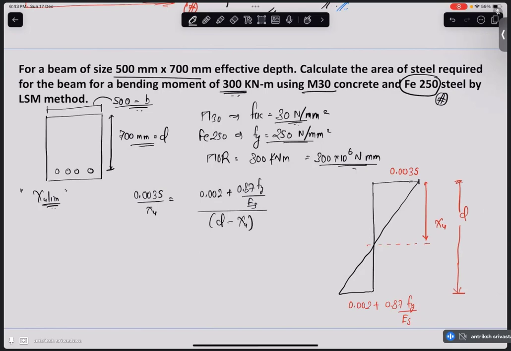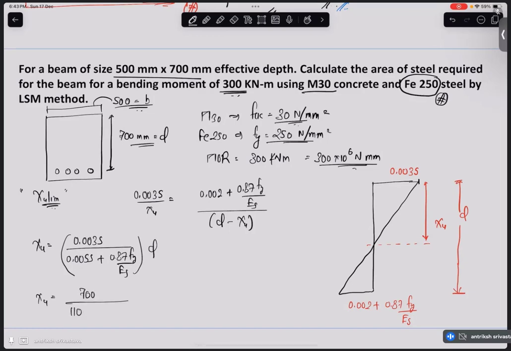Upon simplification, you will see that we have the formulas for Xu. In 2-3 forms, Xu can be written as 0.0035 upon 0.0055 plus 0.87 fy by Es. Or if you put the Es value as 2 into 10 power 5, you can write a much nicer looking formula, 700 divided by 1100 plus 0.87 fy.